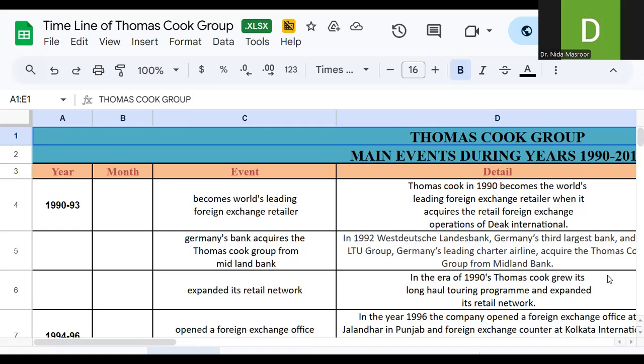Automatically we would be able to understand what became the reason of it. So these things should be clearly understood and evaluated in order to make a proper decision in the future. So timeline basically becomes very important.